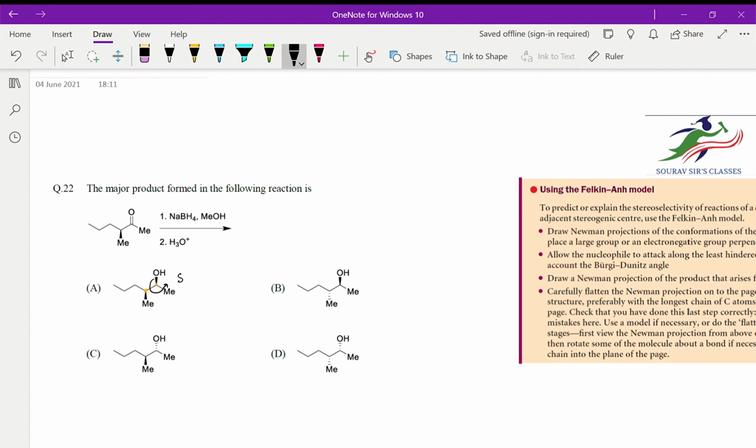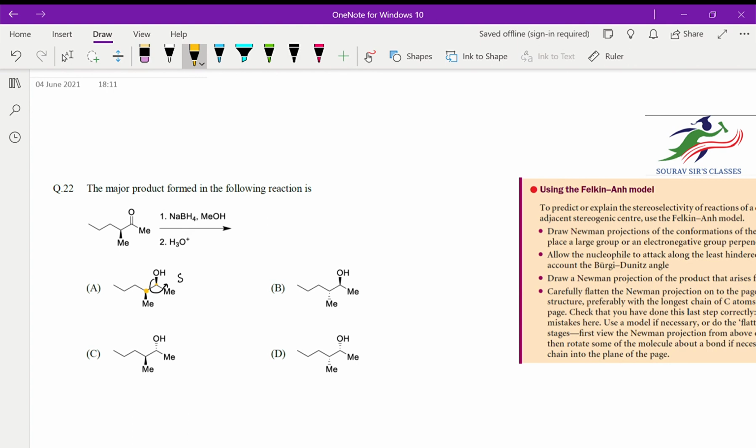Now similarly for the other stereocenter, here at this carbon, this particular orange that I've highlighted. So from here on the right hand side, this group is going to be 1. The left hand side propyl group is going to be 2, and the methyl group is going to be 3.